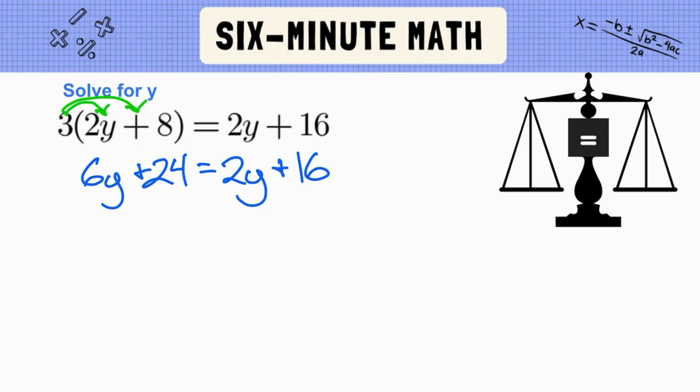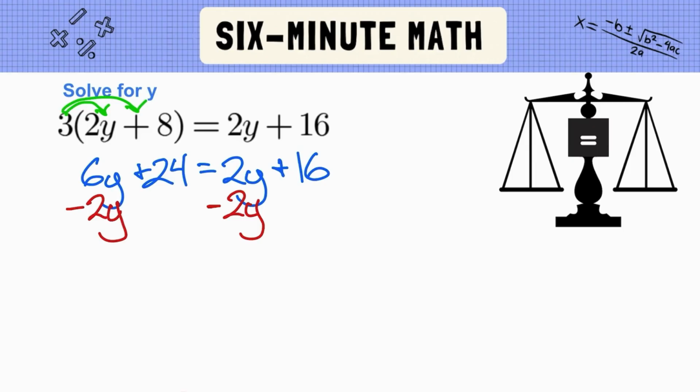At this point, I need to have my variables all together. So what I'm going to do is move this 2y to the left-hand side. And how do I do that? I'm going to subtract 2y. Because of my balance scale, if I subtract 2y on the right side, I would subtract 2y on the left.